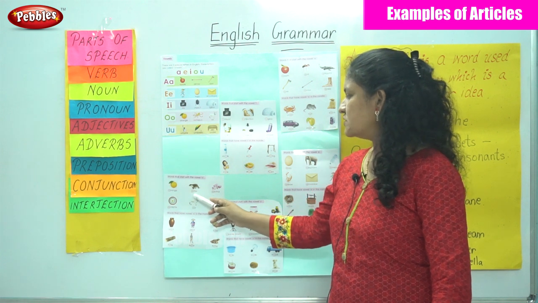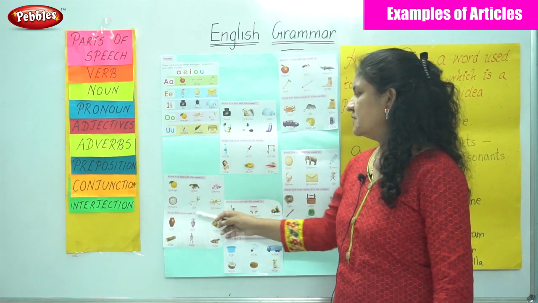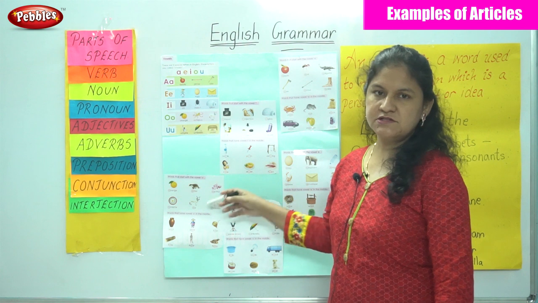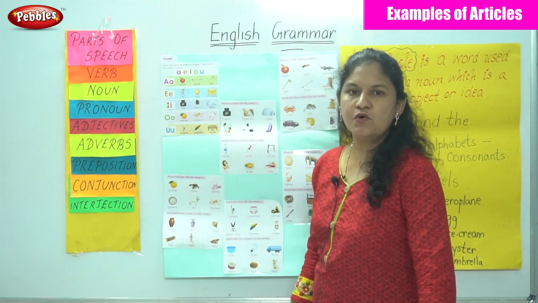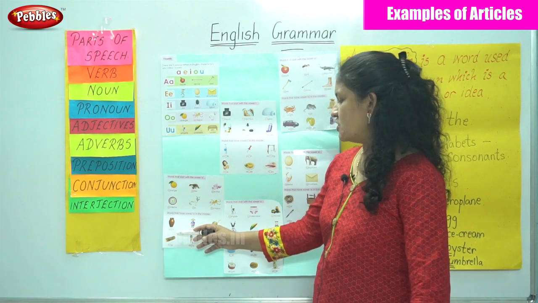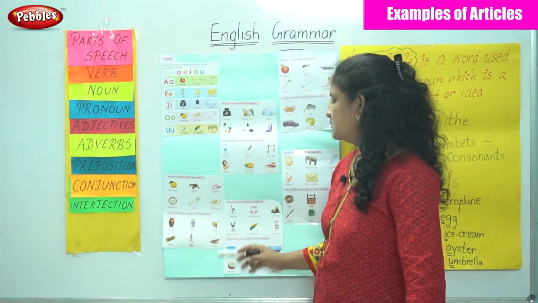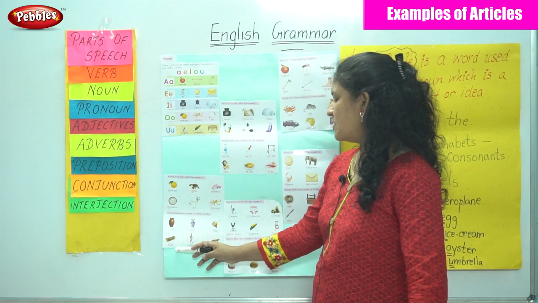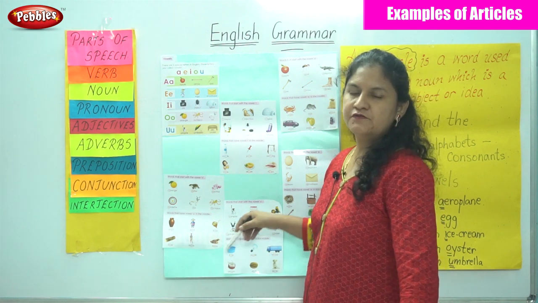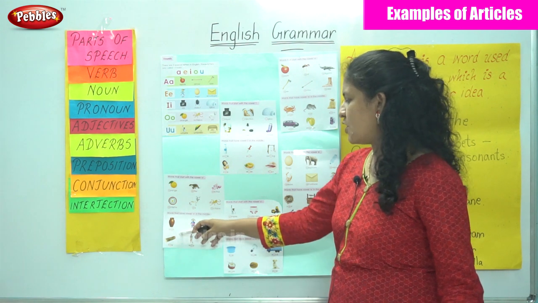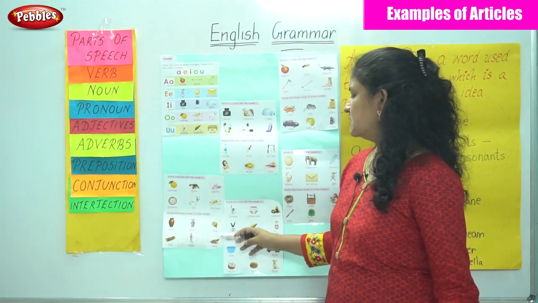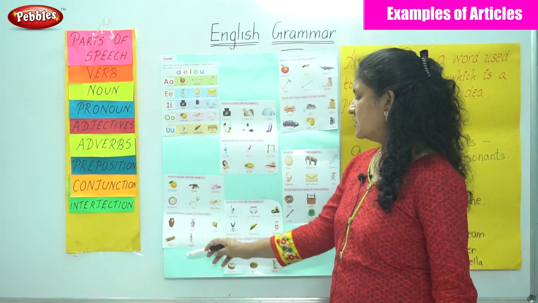Orange, otter, orchid, omelette, ox, octopus. And words that have the vowel O in the middle are pot, doll, top, log, boy, frog.